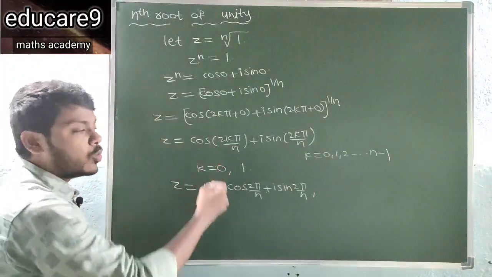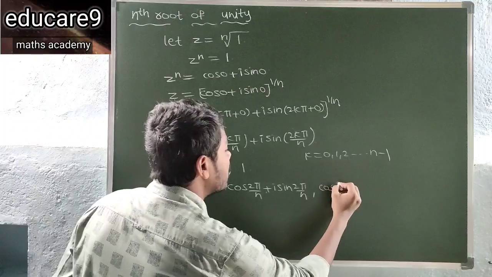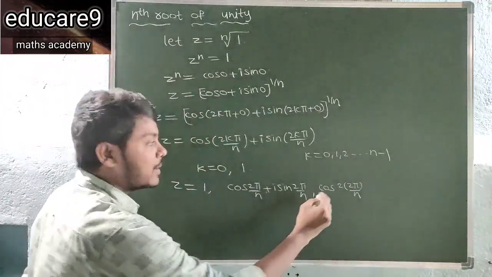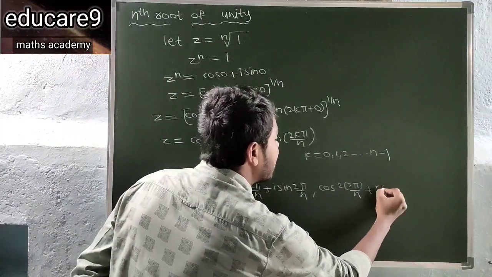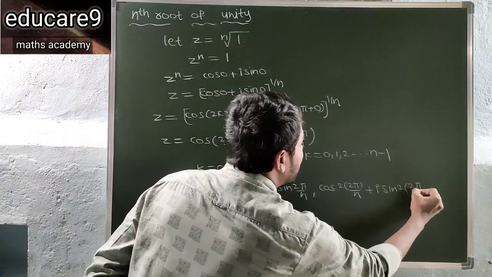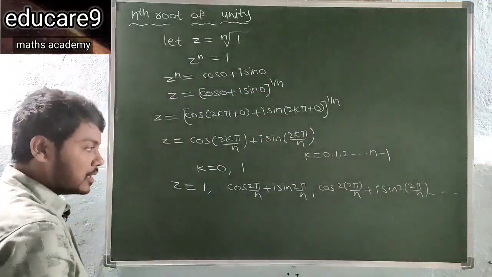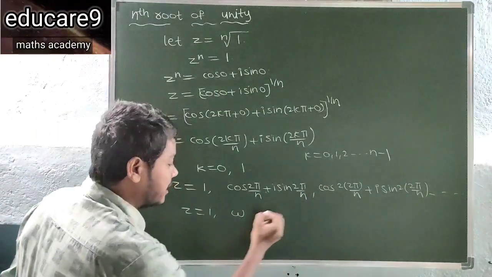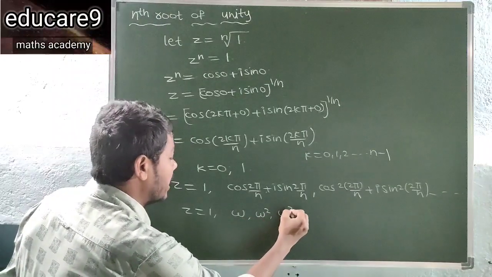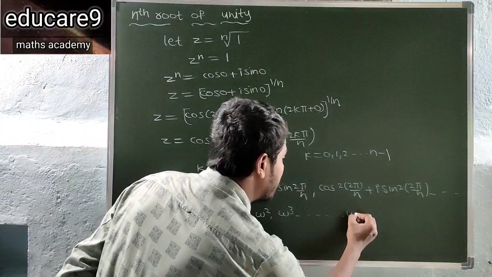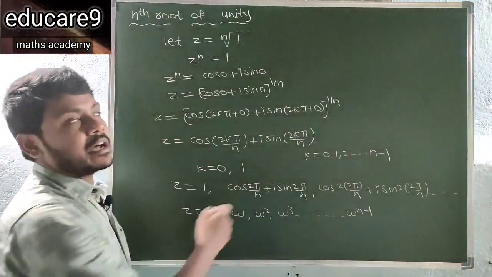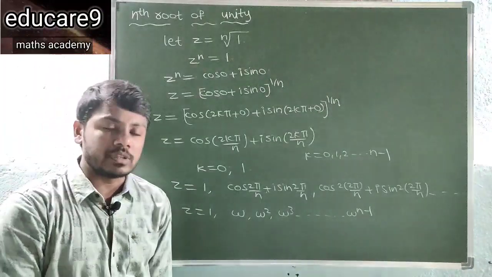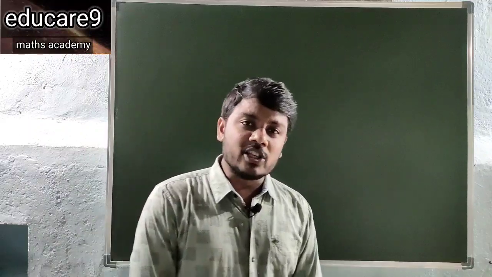If k equals 2, you get cos of 2 into 2 pi by n plus i sin of 2 into 2 pi by n, and so on. So the roots are 1, omega, omega square, omega cube and so on up to omega power n minus 1. These are all the nth roots of unity. For the next session we will discuss more problems.